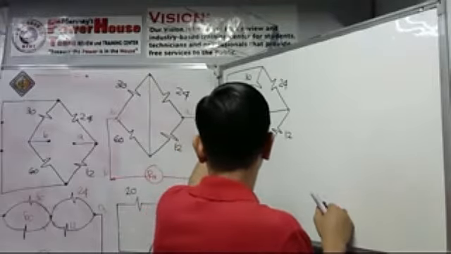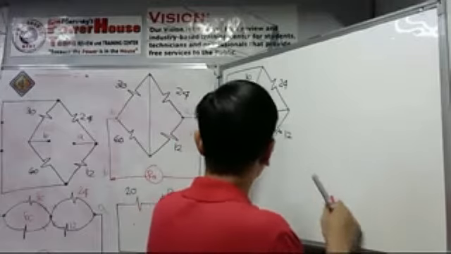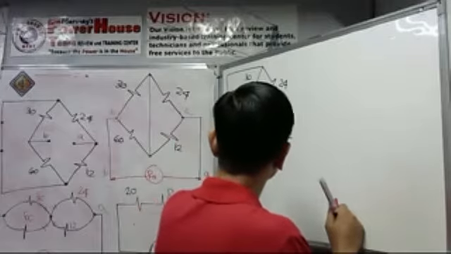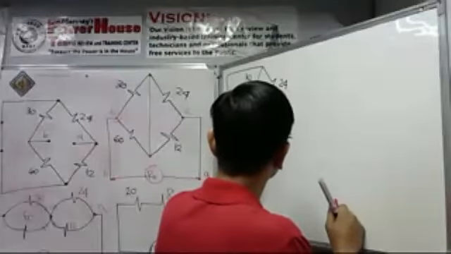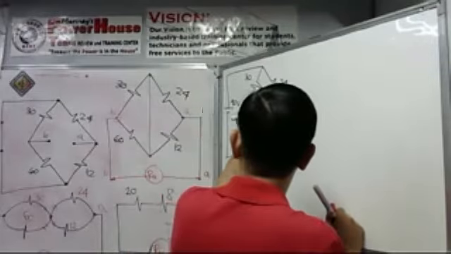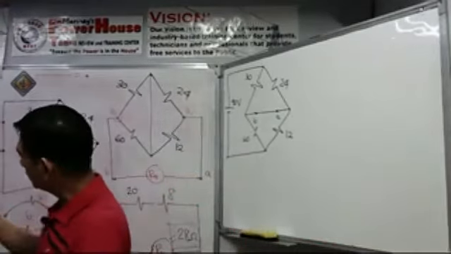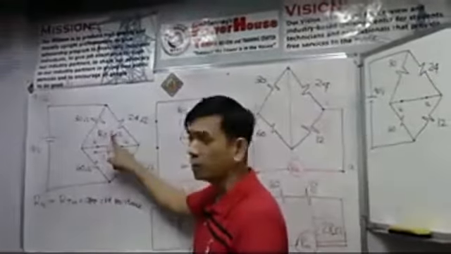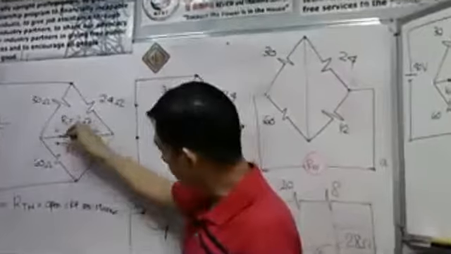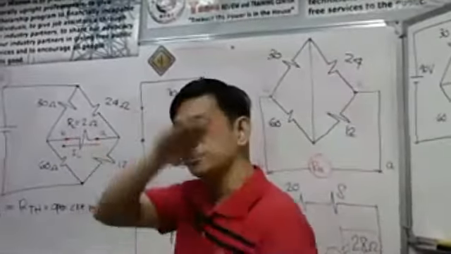So this is the 90 volts. Then we have here point A and point B. I already removed the 2 ohm resistor, and then the two terminals A and B, I short circuited that.